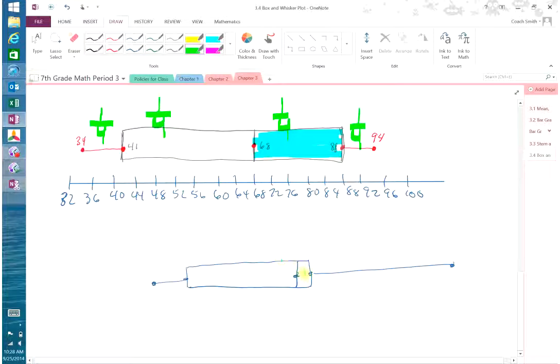This set of numbers right here is very close together, meaning you probably have some repeats. Like you might have a 42, a 42, a 43, a 44, 45, 45, 46. So you've got some repeats because the concentration of numbers, there's not a big spread. Okay? The wider the space, the bigger the spread.